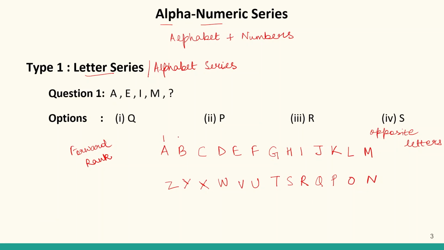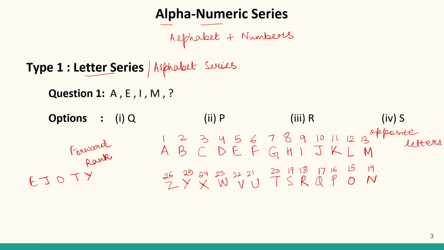So A was 1, B was 2, and similarly up to 25, and Z is ranked at 26.